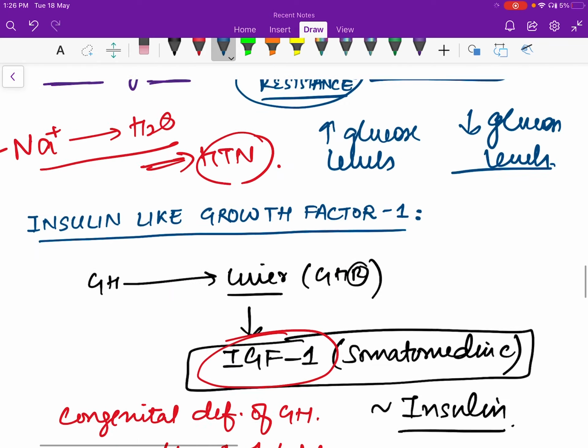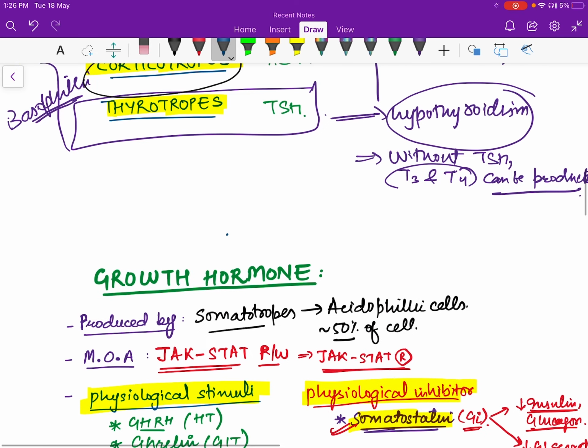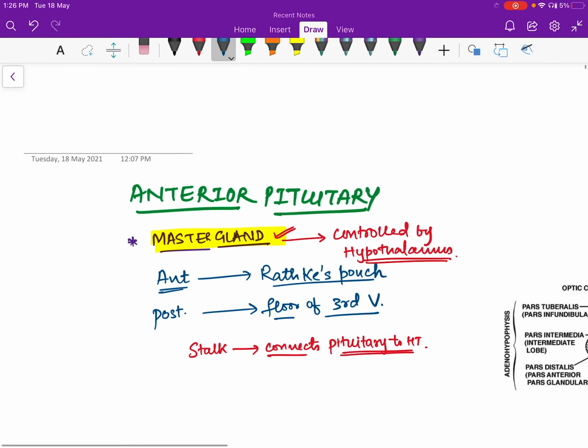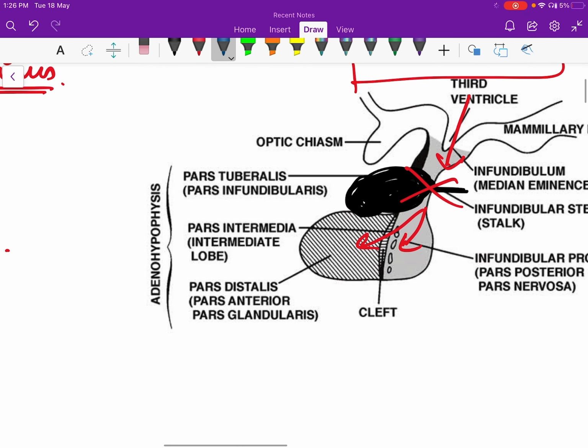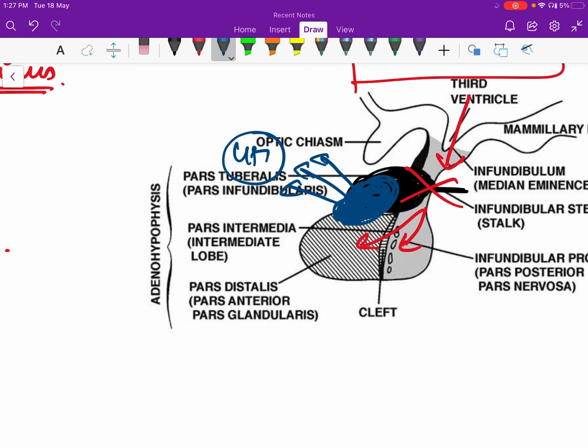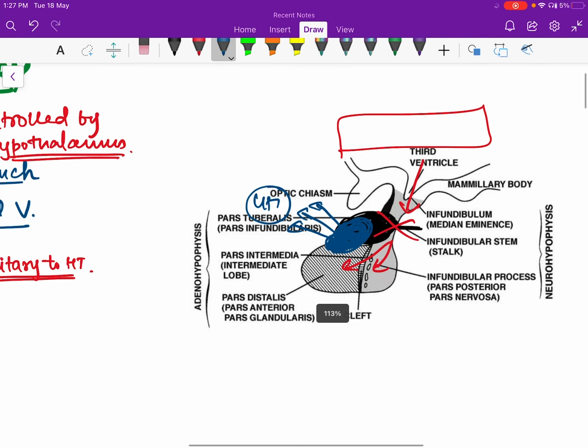Let me go back to this diagram. Let us say here is a tumor of the anterior pituitary gland. It's a functional tumor, so the cells produce excess quantities of growth hormone. And these increased levels of growth hormone are responsible for the manifestations.